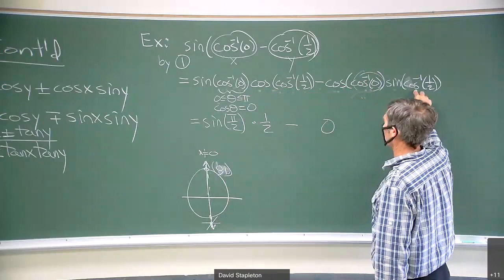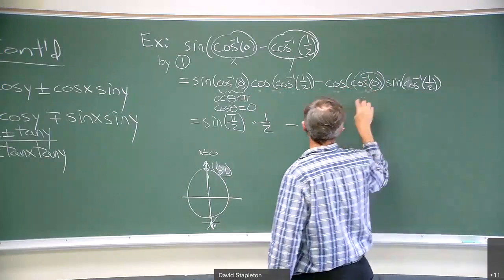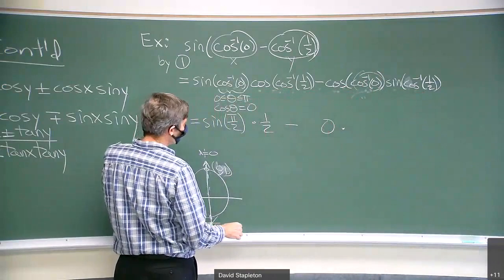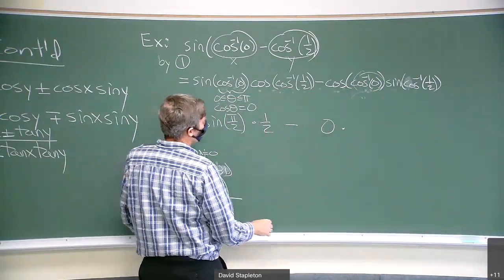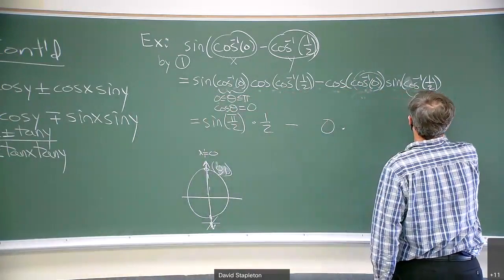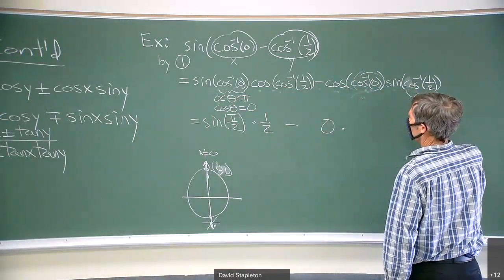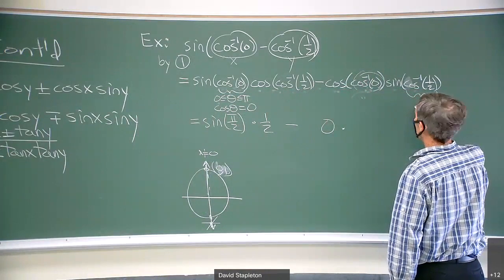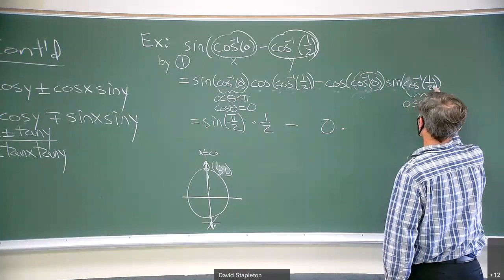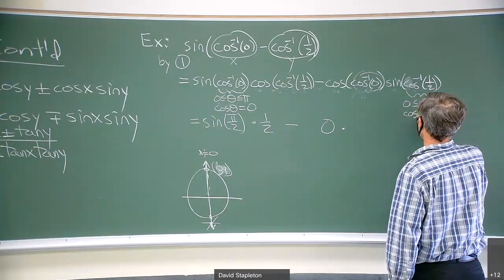And then finally, sine of the arc cosine, we won't need it because it multiplies 0, but just for practice, if we take the angle whose cosine is a half, so this would be an angle theta between 0 and pi, since it's our arc cosine, with cosine theta equal to half.